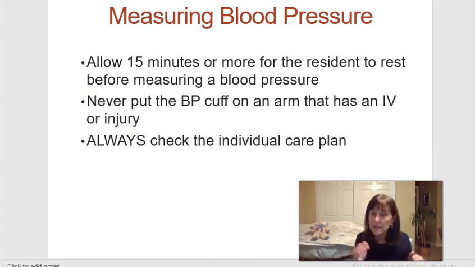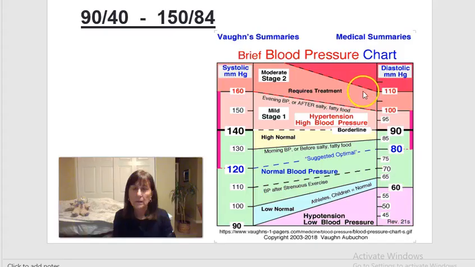There are videos in this module about taking blood pressures, even the manual way, what you're listening for, and how to use some of the wrist ones and the blood pressure ones for the arm that people could buy in the drugstore or Walmart.